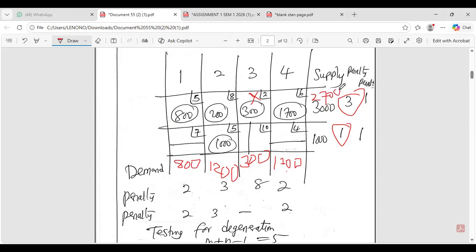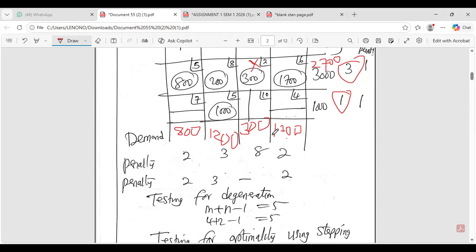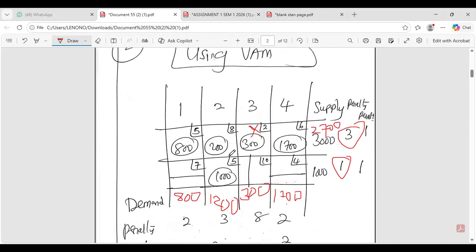So 2,700. Okay, then the other penalty from all the penalties, after this one entered, would now have a penalty of 3.